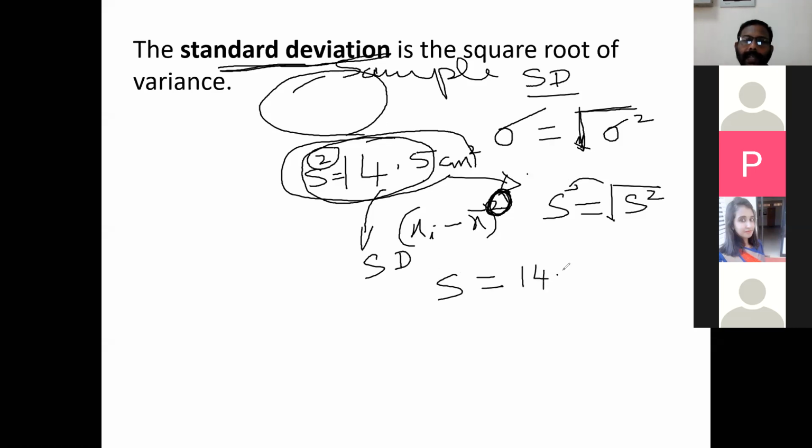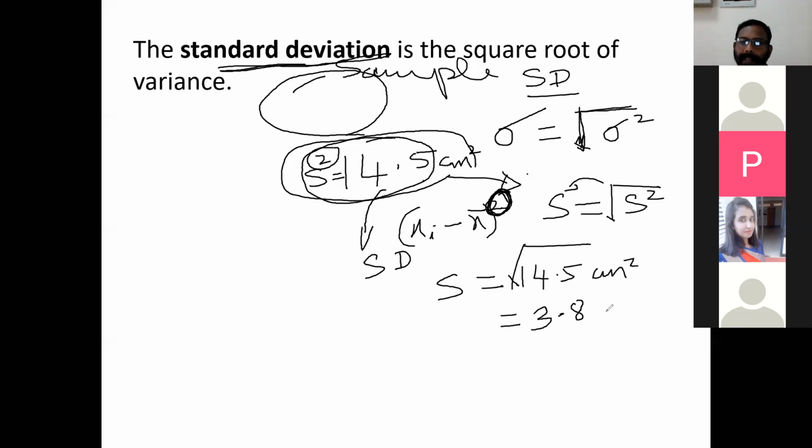For example, can somebody use the calculator and let me know the value? Take the square root of this. 3.8, right?